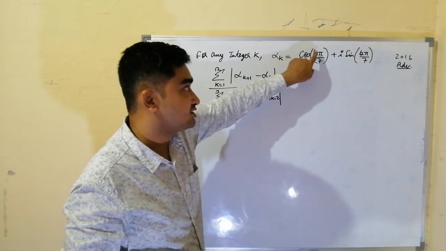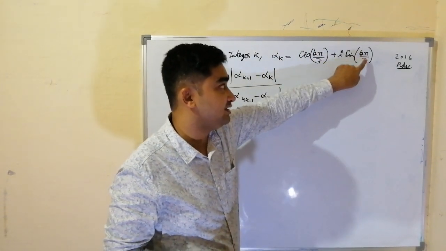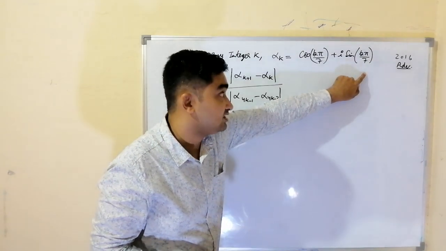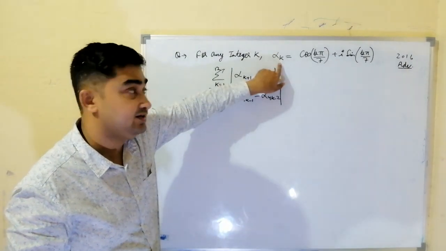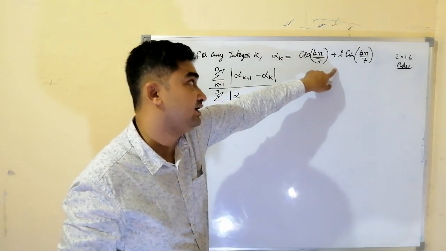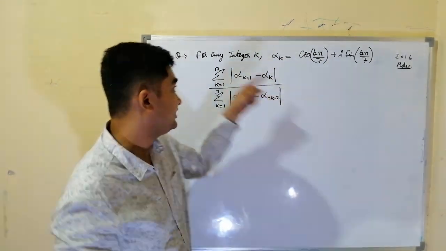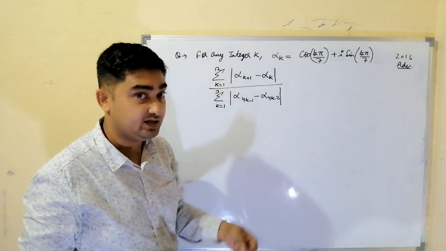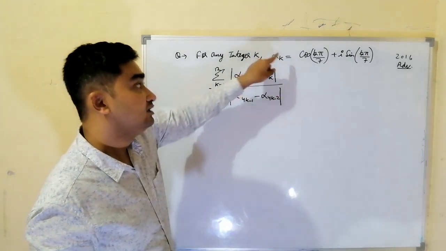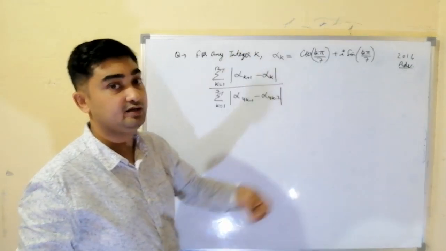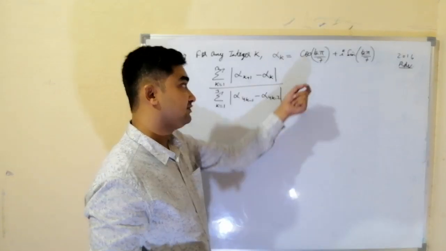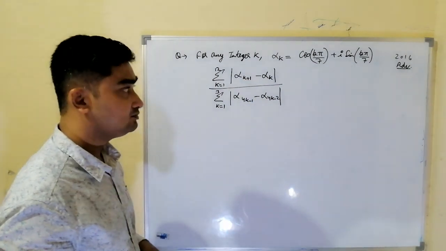Alpha k is cos k pi by 7 plus iota sin k pi by 7, which is nothing but the 7th root of unity. So alpha k is the 7th root of unity, because when we vary k, which is an integer, we will get different values for the 7th root of unity.